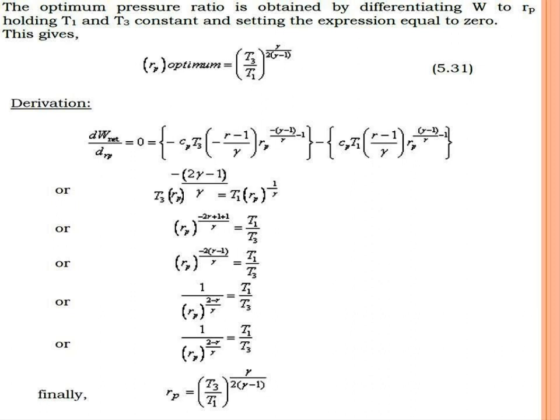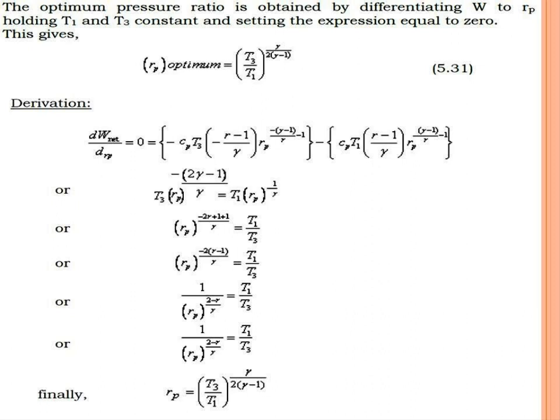So what we have to do is differentiate the net work done with respect to the pressure ratio and equate it with 0. So we have to go for d by d(Rp) of W net and equate it with 0.